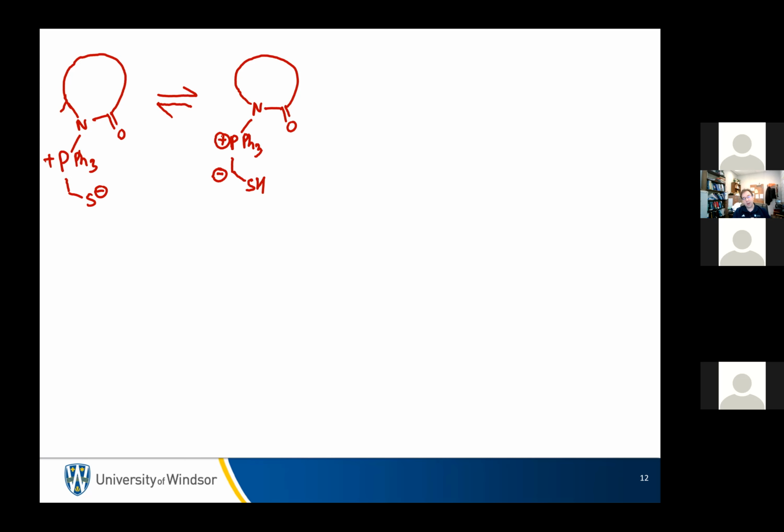It's a very acidic hydrogen on the carbon, so it's very favorable for us to trade an S minus for a C minus here, because the C minus is directly adjacent to the phosphorus, and it's really almost making a double bond with the phosphorus. And so let's just make the double bond, and that releases the nitrogen. And now what we have is a cyclic peptide.